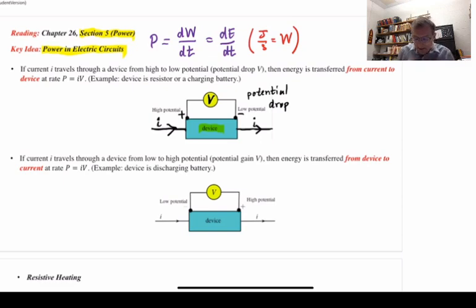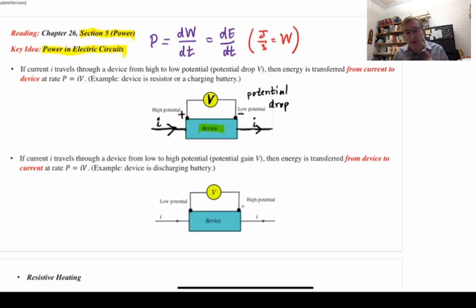Okay? All right, so what that means is that as a positive charge that's part of my conventional current moves from the left end to the right end, it has a drop in potential energy. Okay? So the current, in some sense, is losing energy. Where's that energy going? Into the device. Okay? The device is gaining energy at the expense of the energy from the current.